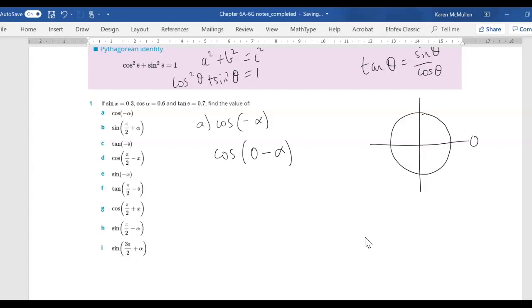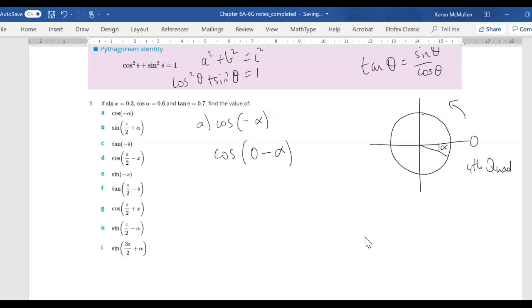So if 0 is here, then this is minus alpha. Does that make sense? We're starting at 0, and remember your unit circle goes in an anti-clockwise direction. So if we've got minus alpha, we're now in the fourth quadrant.